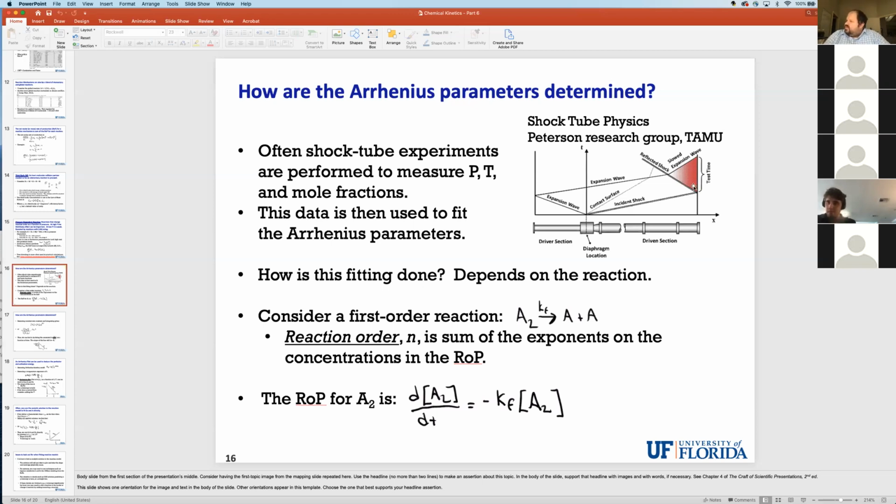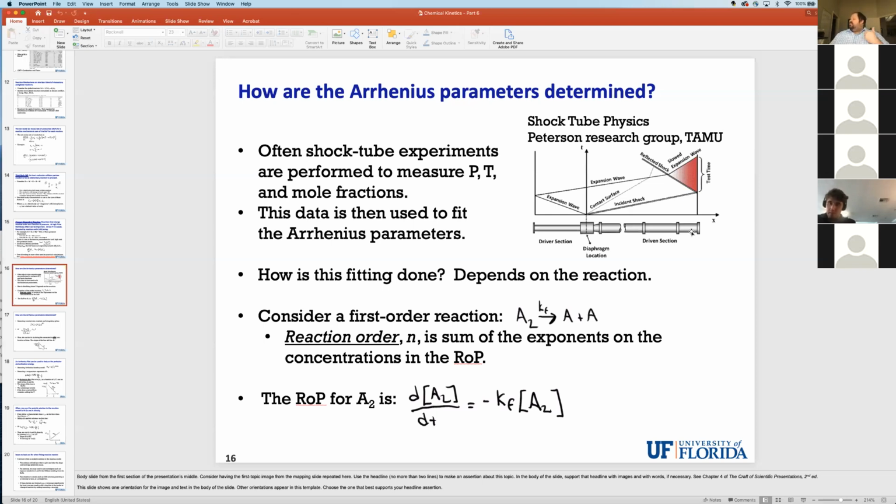And so basically, this region between the back wall of the shock tube and the reflected shock wave is the test condition. And then in the test section, they have various diagnostics to measure species concentration as a function of time, pressure and temperature, things like that.